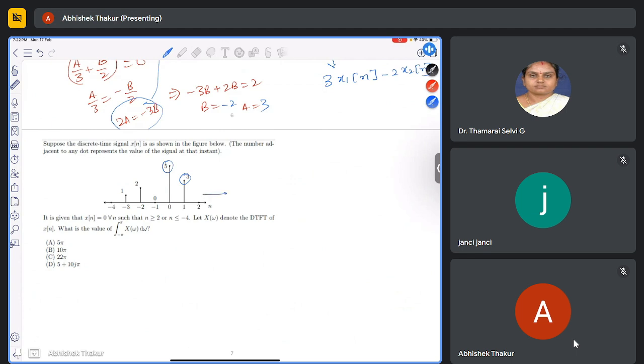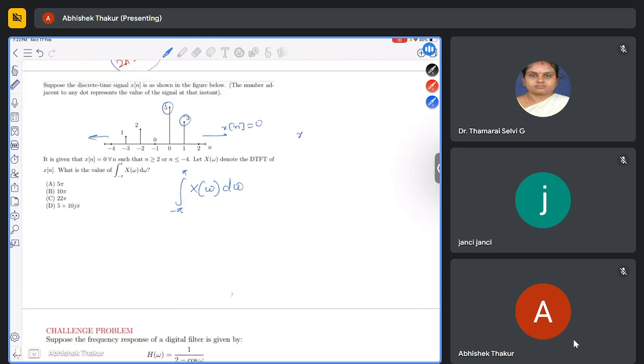So for these values x[n] is 0. X(omega) is the DTFT of x[n]. So what is the value of the integral of X(omega) d omega?